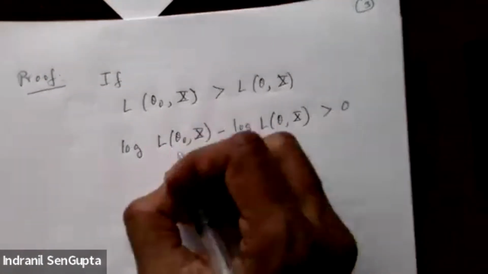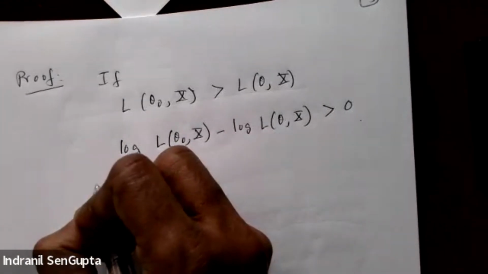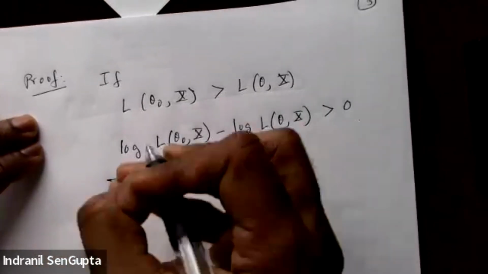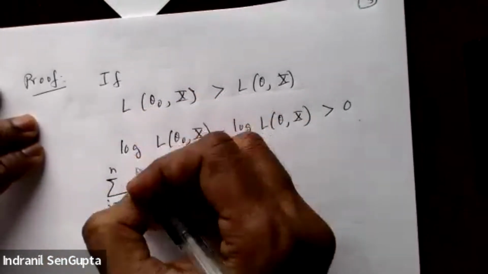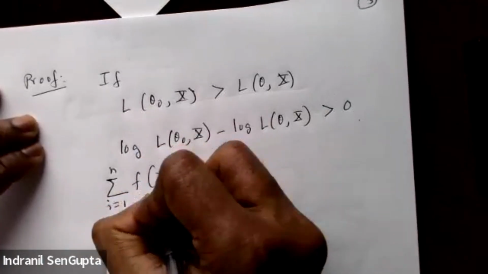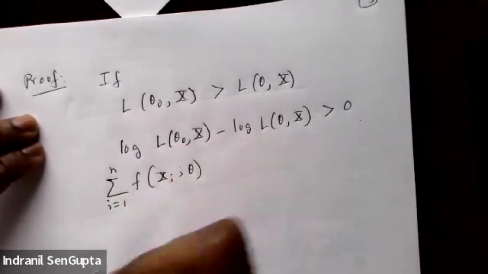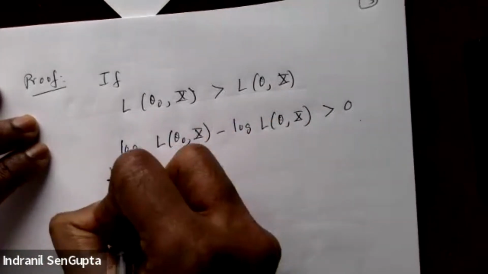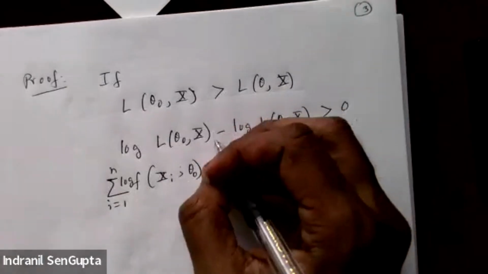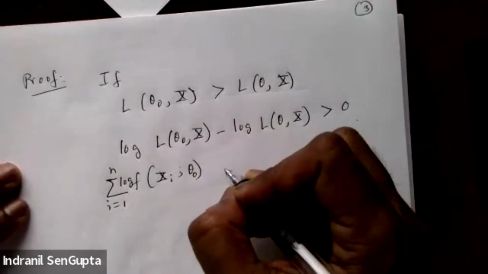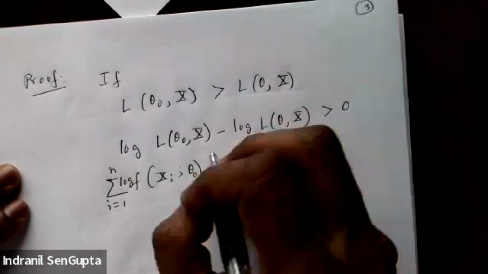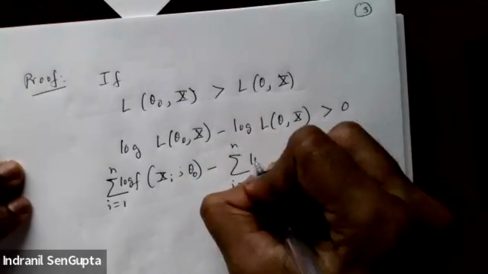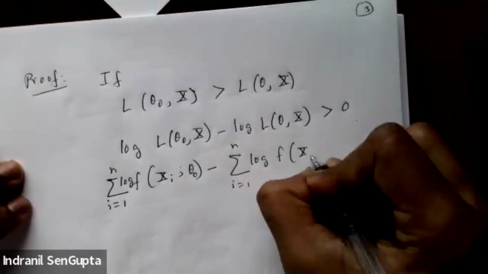So this is going to be the summation, i from 1 to n, of log of f of xi theta 0, minus the summation, i from 1 to n, of log of f of xi theta.